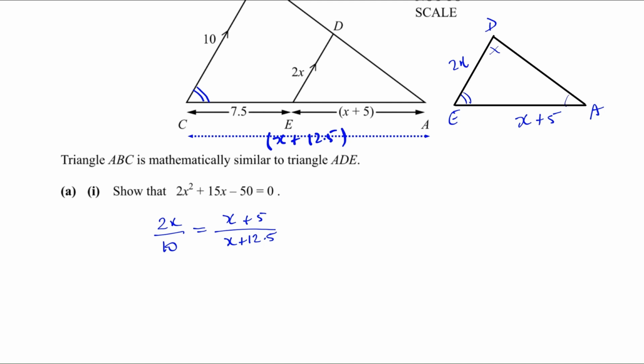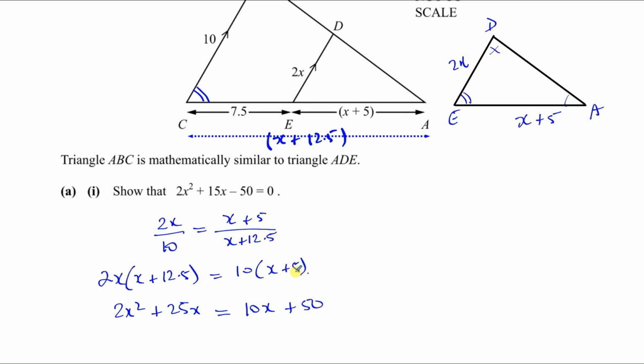So if I now cross multiply, I multiply both sides by 10 and multiply both sides by x plus 12.5, and end up with 2x times x plus 12.5 is equal to 10 times x plus 5. So 2x times x is 2x squared. 2x times 12.5 is 25x, equal to 10x plus 10 times 5 is 50.